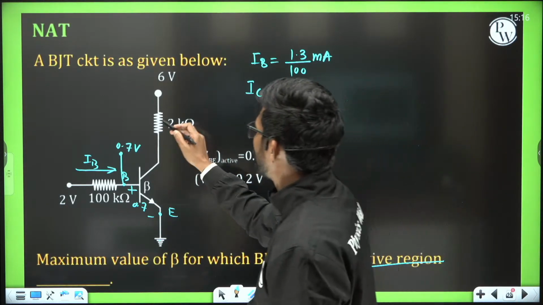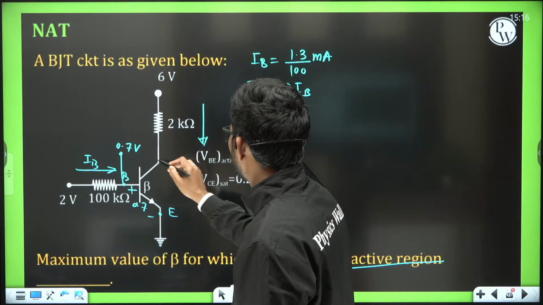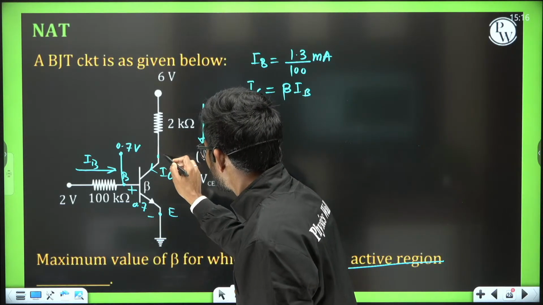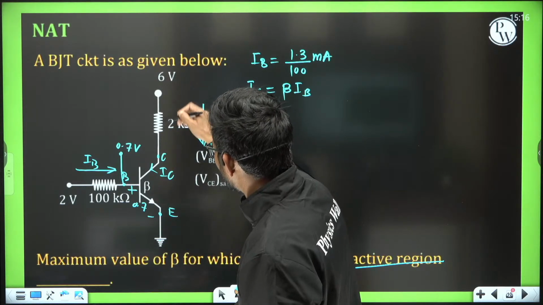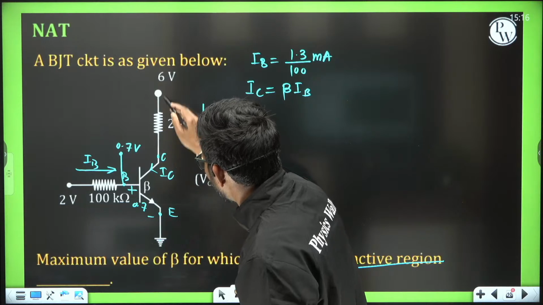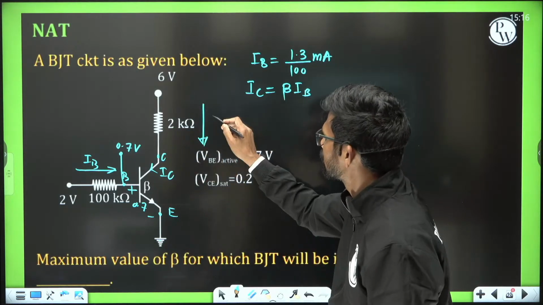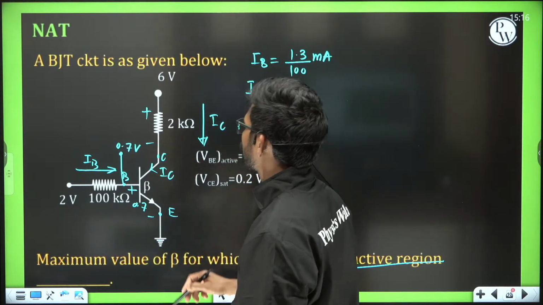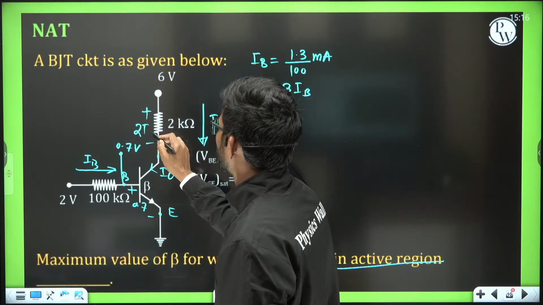This IC is entering from the collector terminal, and the current entering from the collector terminal will be coming out from this 6 volt battery through the 2 kilo ohm resistance. So this current is also IC. If this current is IC, then what is this voltage, plus minus? This voltage is 2 IC.